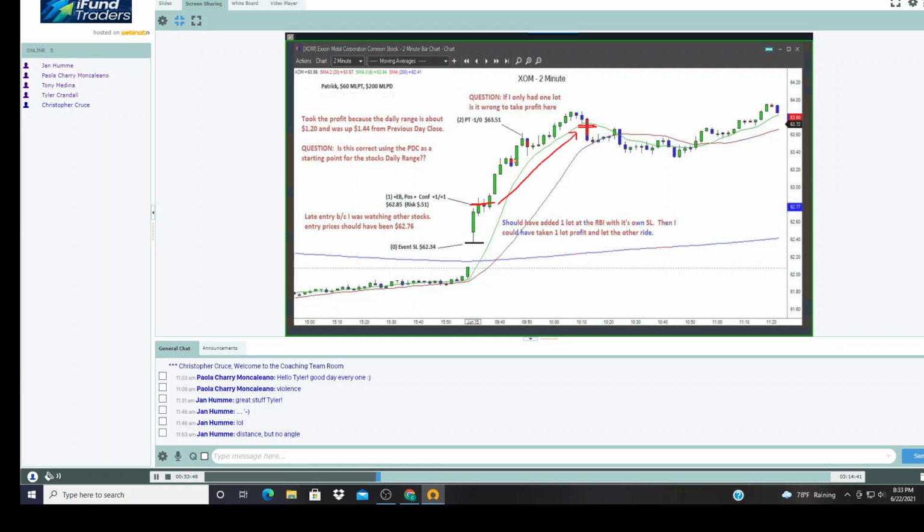So why worry about, well, I added here and I added up here and I added up here, come on. I want to be able to say, I piled in at the beginning and I closed at the top, right? If you got in 2 lots here, I took one off here and I got out there.